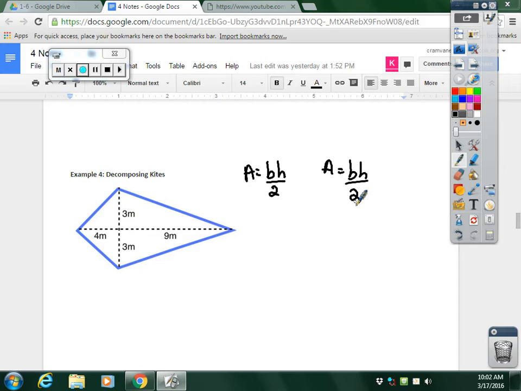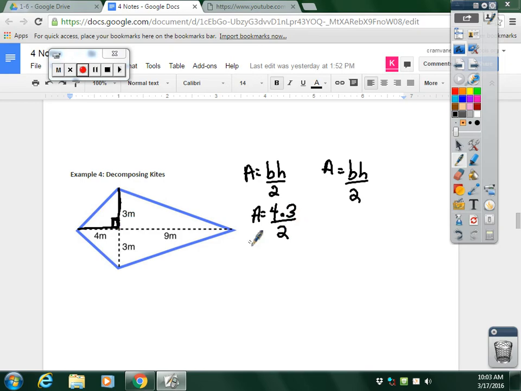I'm going to say that this is the first triangle right here. Okay, and I know there's a 90-degree angle right here. Okay, put a little box in it. I'm going to say my base is 4. My height is 3. And then I'm going to divide it by 2.